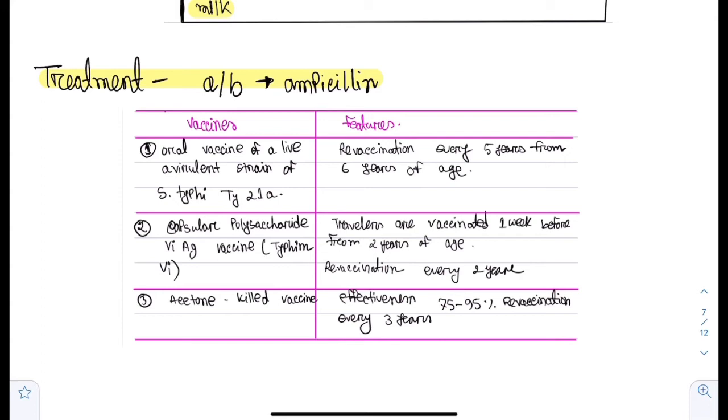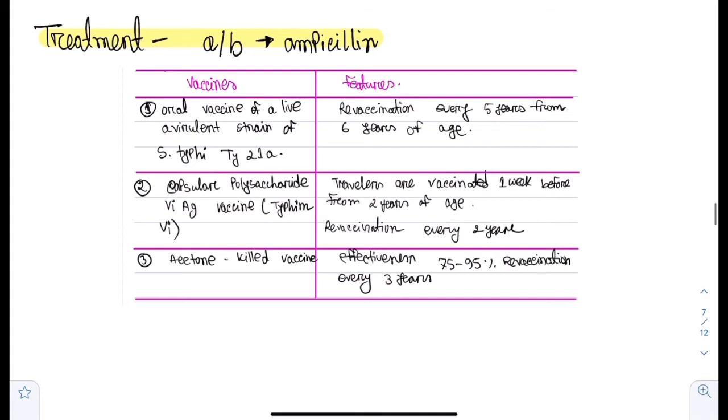So if you studied properly in the microbiology first year, you will be able to know there's penicillin, which has 5 generations, and this ampicillin goes under the 3rd generation, as I remember. And these are the vaccines.